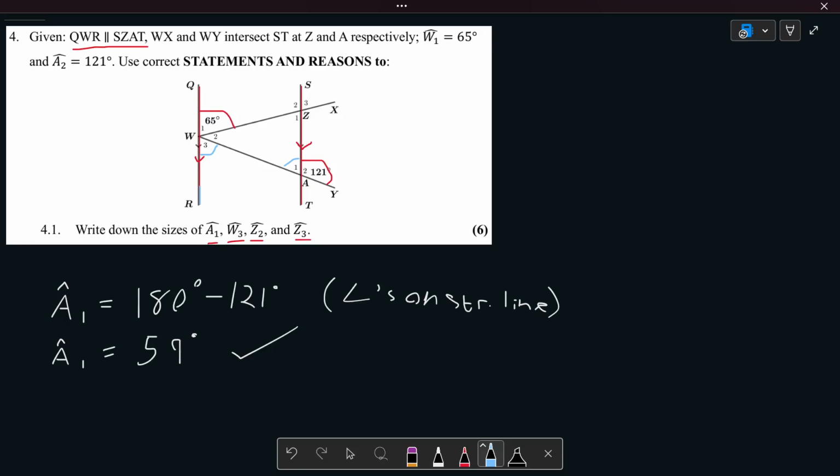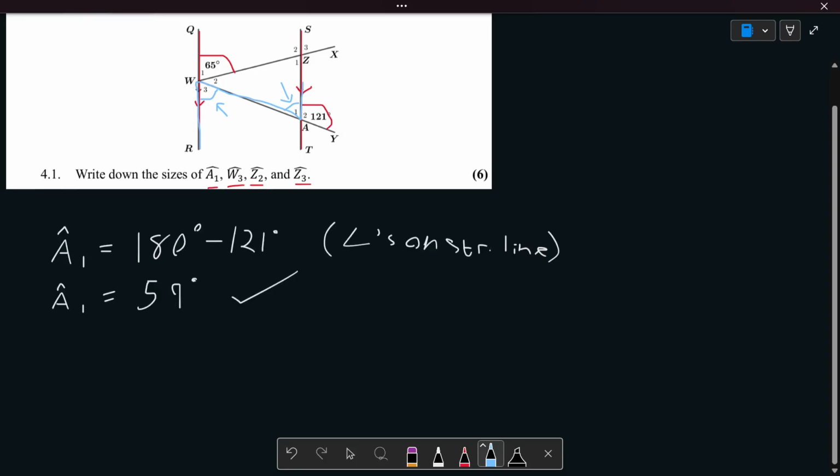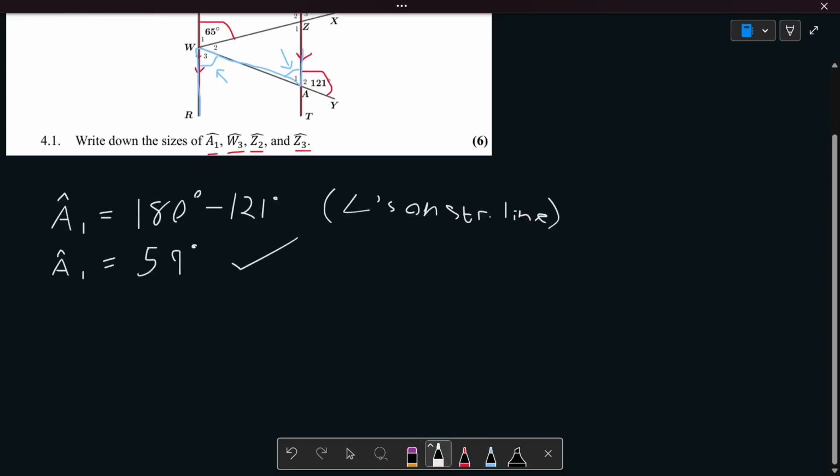There is a Z shape or an N shape in this case. This angle is alternate to this angle over here because of the parallel lines. So we can say that W3 is equal to A1, which is 59 degrees.